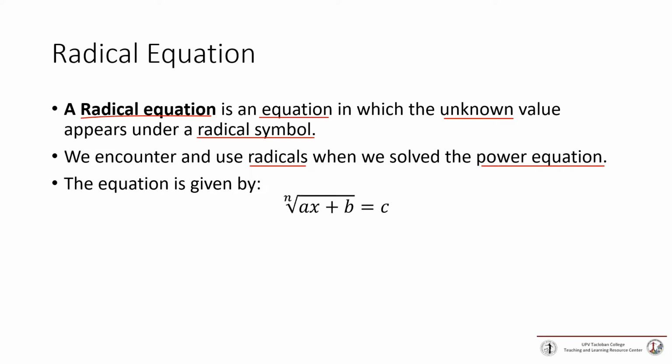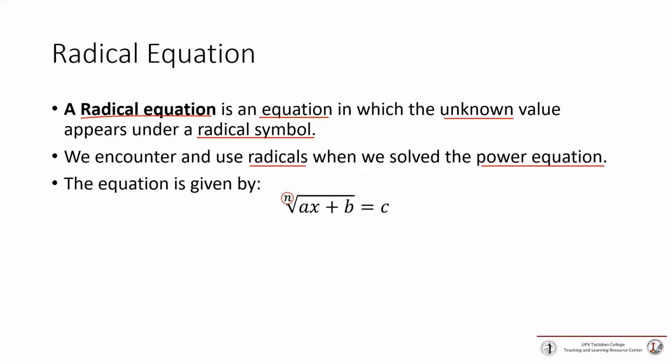The equation is given by the nth root of ax plus b is equal to c. So this is the general equation for a radical equation. Now in this case, our radicand here consists of a variable, so it's an expression.